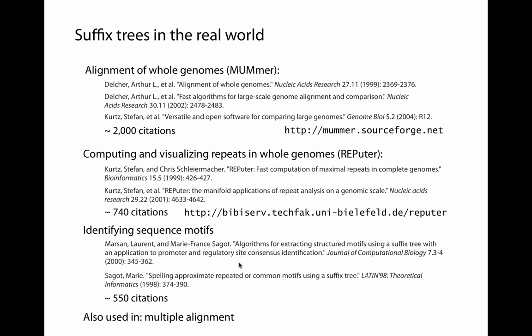And then another use is in trying to find sequence motifs, which are essentially sequences that are overrepresented in some way, a sequence that occurs more often than you would expect, presumably because it's important in doing something. And it's used in other areas as well, including multiple alignment. That's when you're trying to align not just two sequences, but two or more sequences.